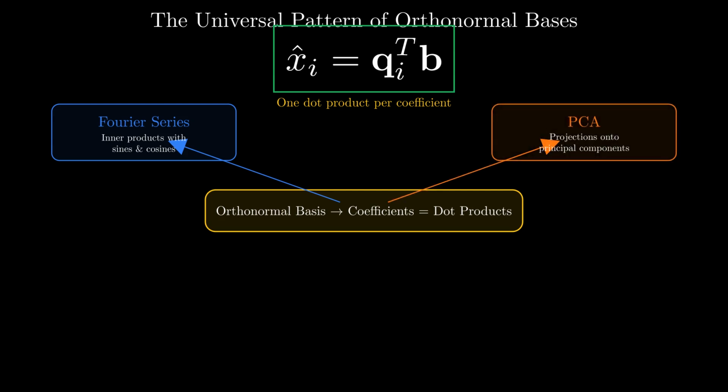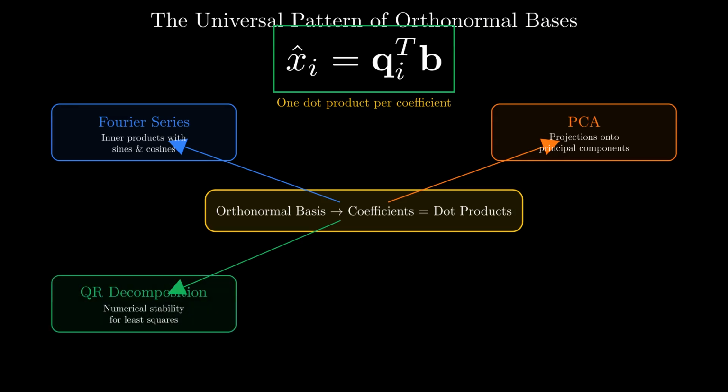Second, in principal component analysis, or PCA, projections onto principal components work the same way. The eigenvectors of the covariance matrix form an orthonormal basis, and projecting data onto each component is again a dot product. Third, in QR decomposition, QR decomposition converts any matrix into orthonormal form, which provides numerical stability for solving least squares problems. This is exactly the Gram-Schmidt process we discussed earlier put into practice.